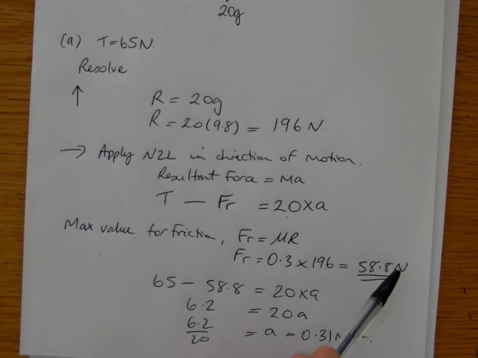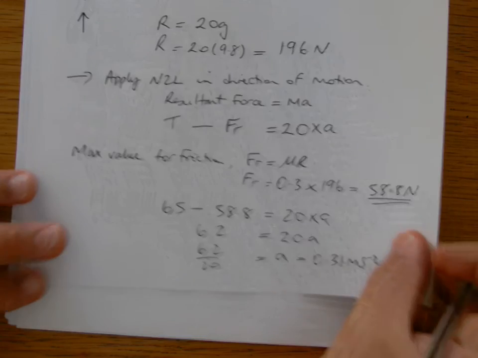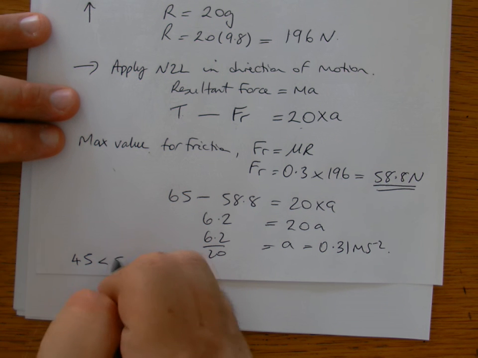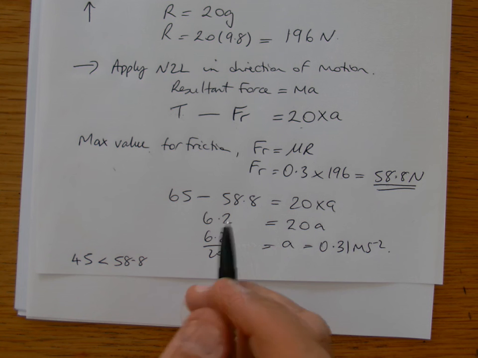Now, if you're going to pull the object with just a force of 45 newtons, it's not going to overcome this. So we could say that 45 newtons is less than 58.8. So what's going to happen to the object?